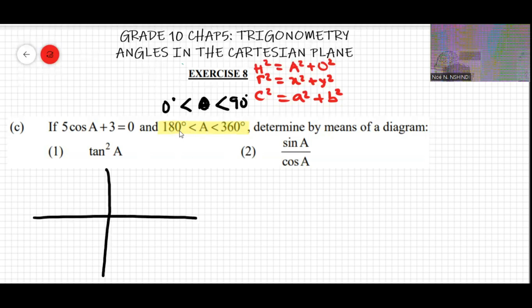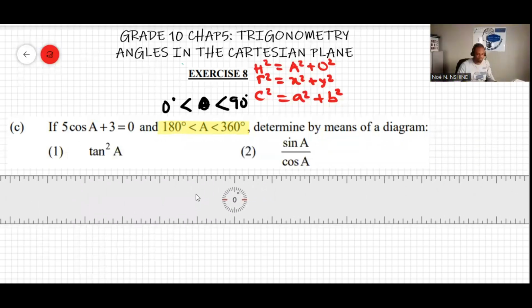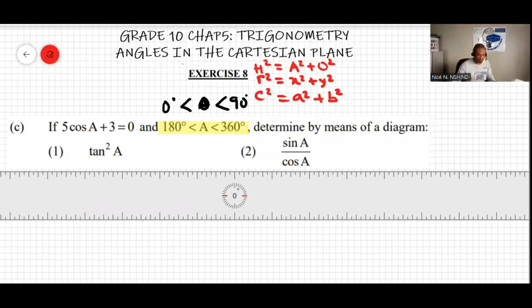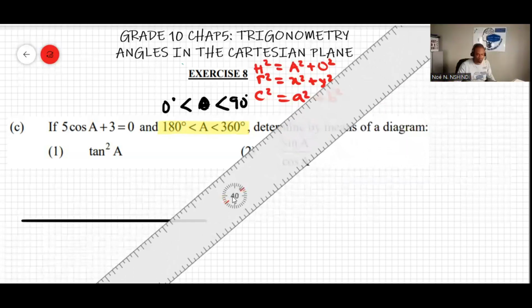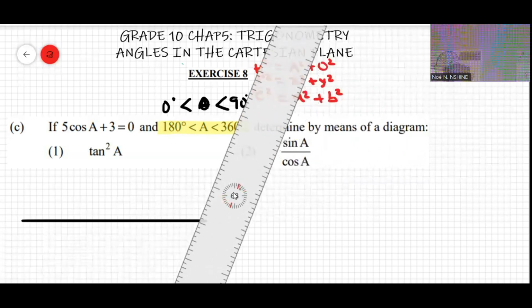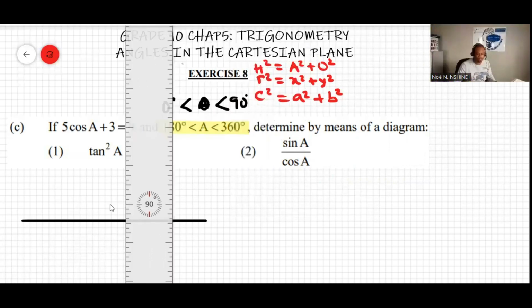Just freehand. If I want to be accurate, I can make something like this.